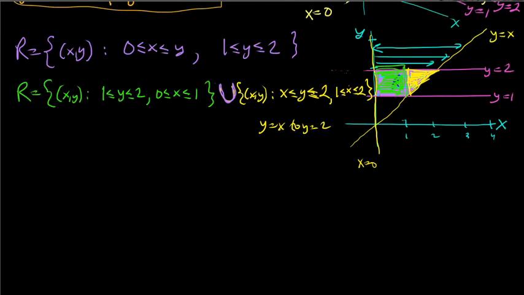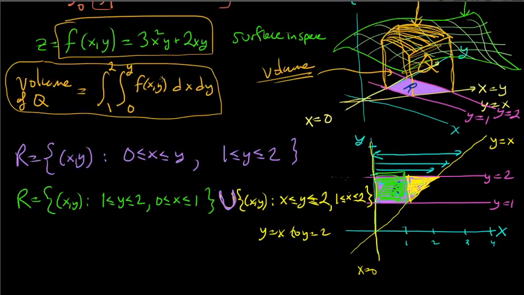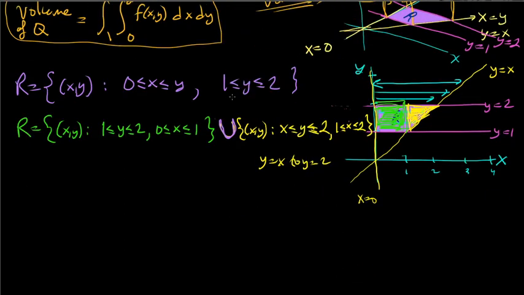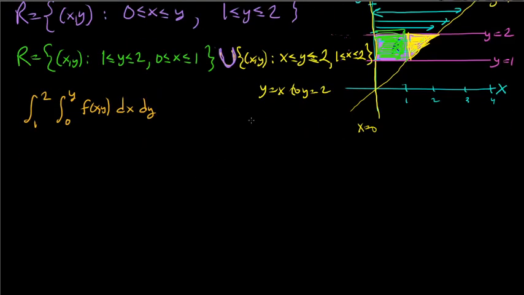Right. So the purpose of doing this now is to try to reverse the integral, right? We had the integral here. So this was originally the integral from 1 to 2, and then from 0 to y of some function with respect to x, then with respect to y.